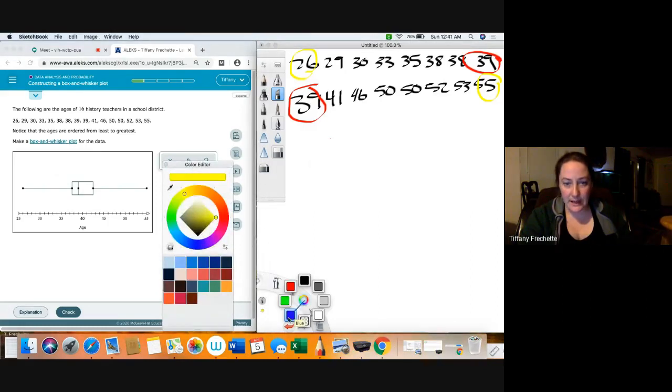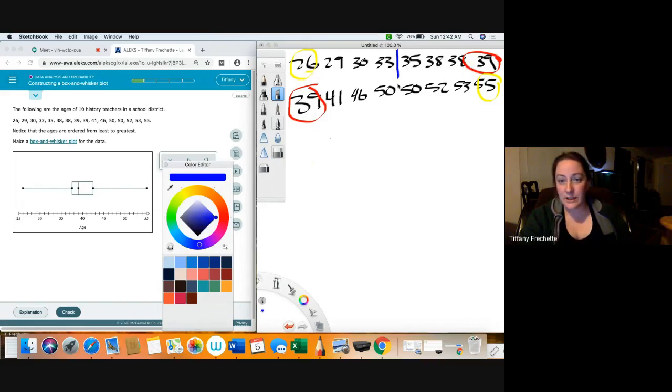Okay, so we do have 2 more numbers here. We already know we divided it in half, and it was 8 numbers. 8 also divides exactly in half. I know that 8 divided by 2 is 4. So if I just draw a line here, then I have 4 numbers on the left and 4 numbers on the right.